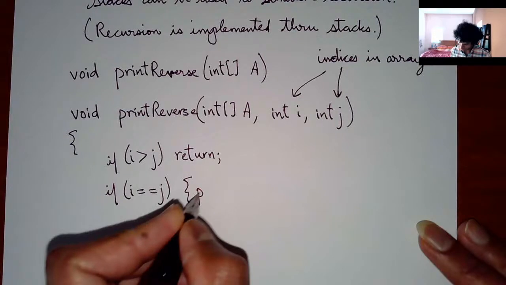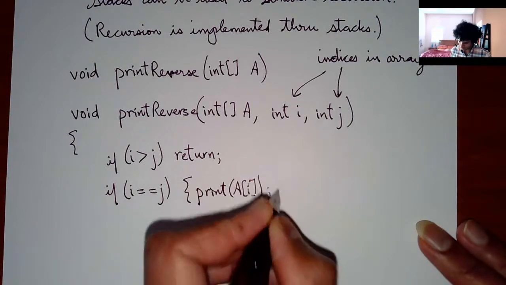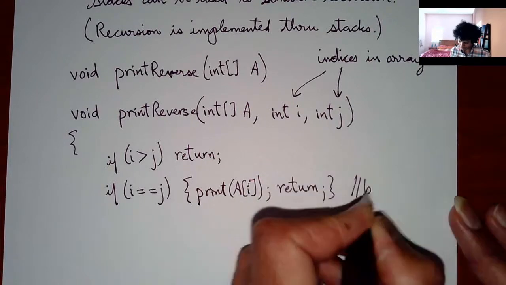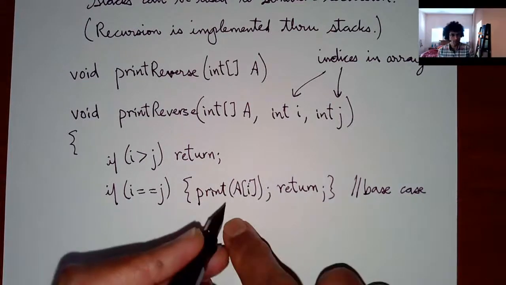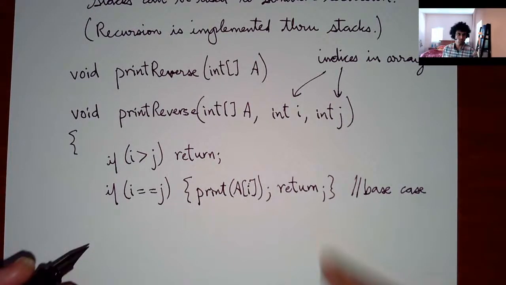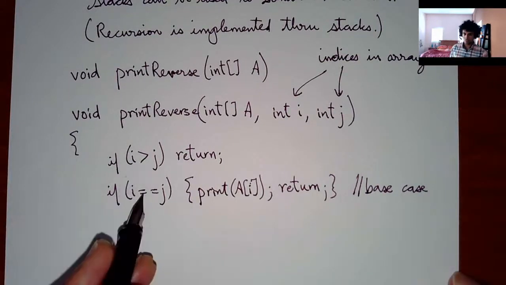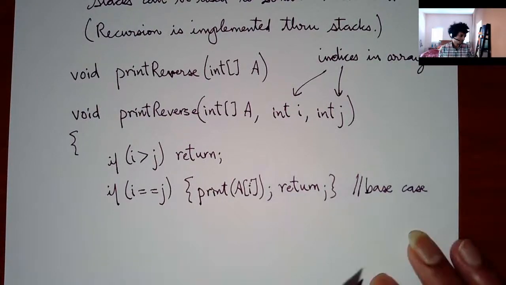I'm just going to say print the character A[i] and then return. Right? This is the base case. You should never write code like this. I'm just writing it this way because it's on paper and I want you to be able to see everything. But this is the base case. This is just to check parameter safety, just to be on the safe side.